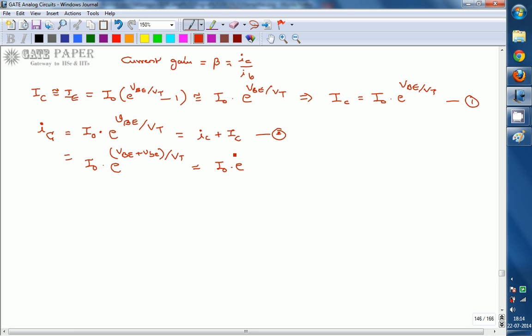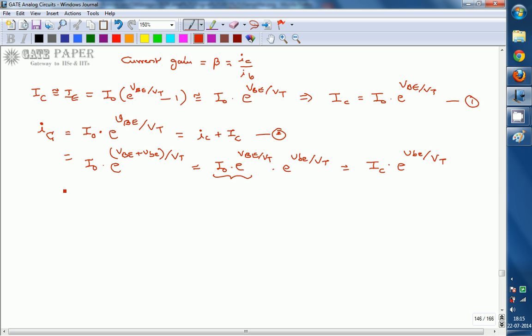Using that formula we can write it as e power capital VBE by VT into e power small vbe by VT. This portion is nothing but IC, so capital IC into e power vbe divided by VT. This is nothing but the total instantaneous collector current.